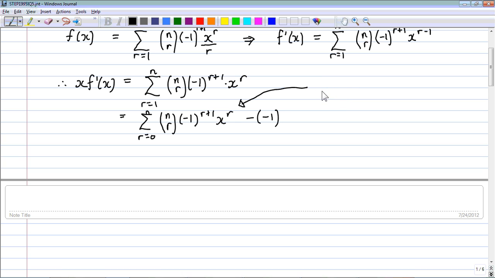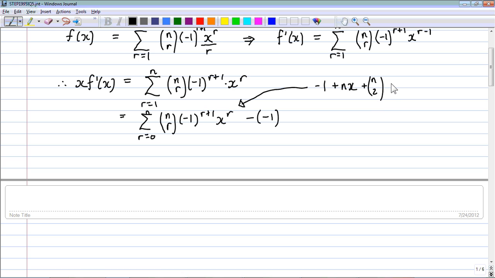I'm getting n choose 0, so I'm getting minus 1. The second term is nx, right? And the third term is n choose 2.